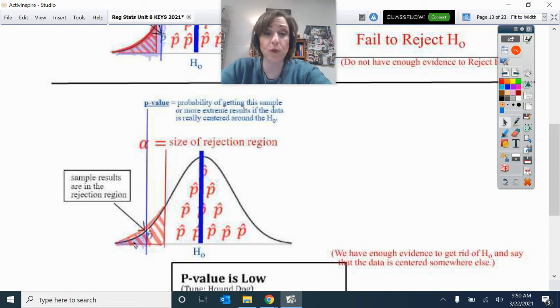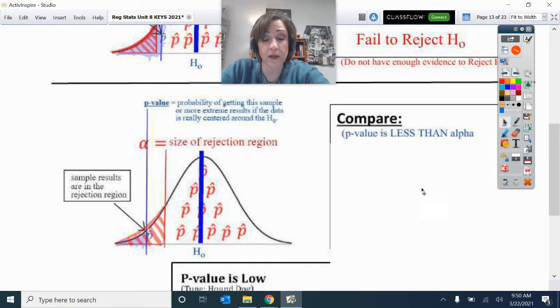So which one is bigger? Tell me the p-value's relationship to alpha. P-value is less than alpha. So since that p-value is less than alpha, you write this symbol here. See, the p-value's got the small part of the inequality to it.